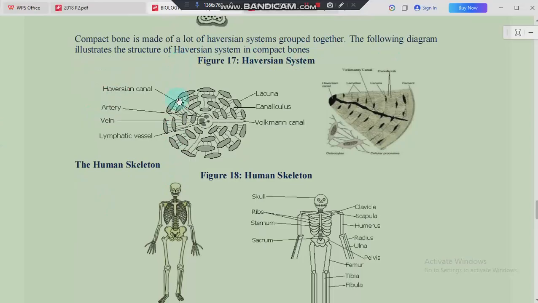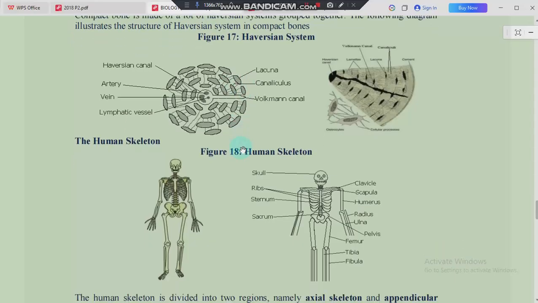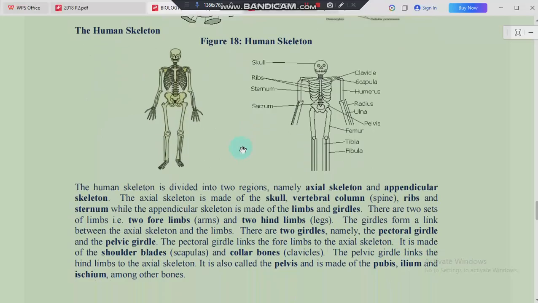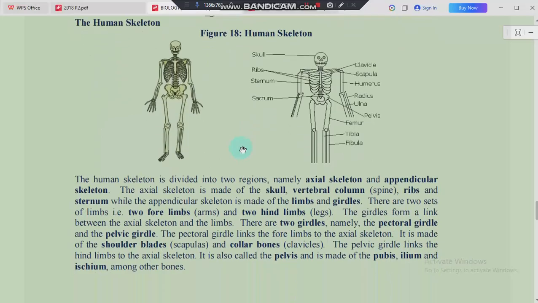So here we have our Haversian canal, and then we have our artery which is being extended there, and then this one is our vein, and this one here is our lymphatic vessel, and this region which we have here is the Volkmann canal, and this is the canaliculi, and that is our lacuna. All right, this looks a little bit advanced. I think you do it in more detail in your A levels.